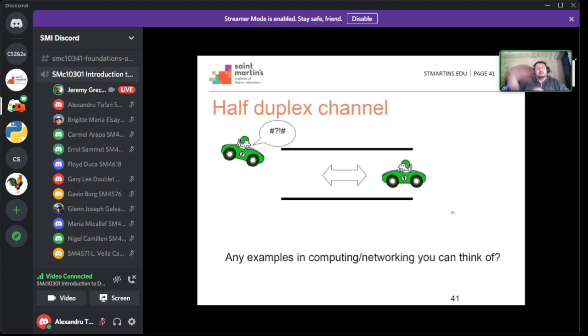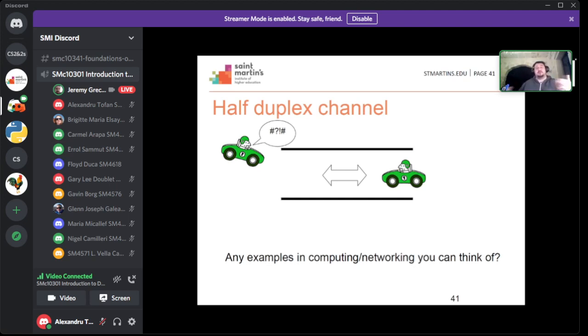Another one is known as the half duplex. The half duplex channel allows two-way communication, however, only one at a time. Imagine you have a narrow bridge, and one car wants to go to one side of the bridge, and another car wants to go to the other side.